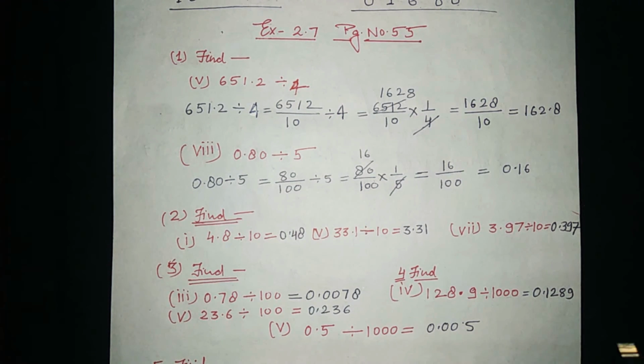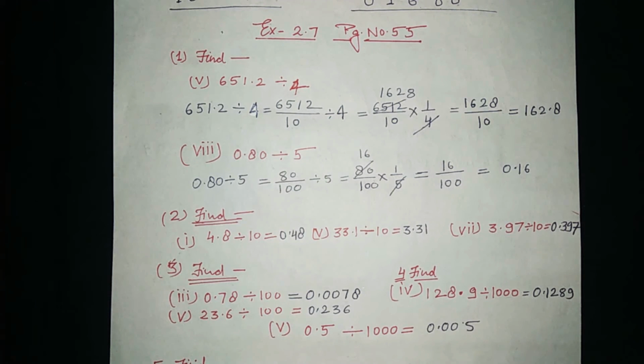Now see the third question. In the third question, you see 2 parts, third part and fifth part. In both the parts, we can see that we are dividing a decimal number by 100. So 0.78 divided by 100. Here in 100 we can see two zeros. So what we have to do in this question?